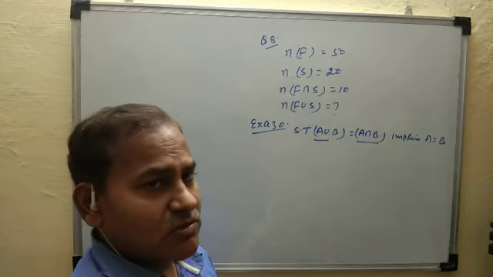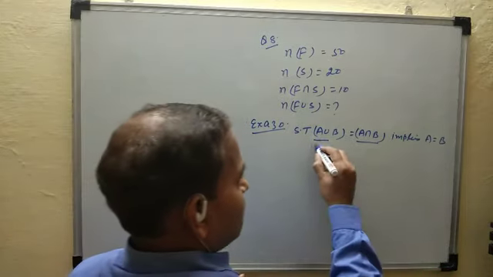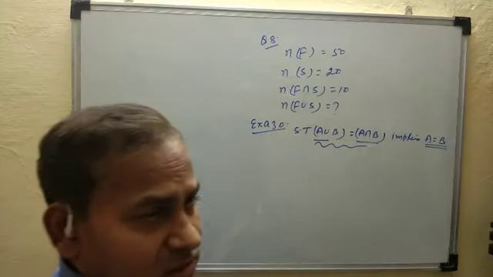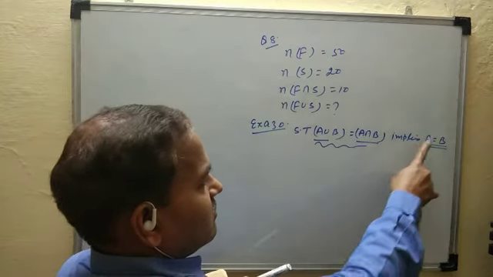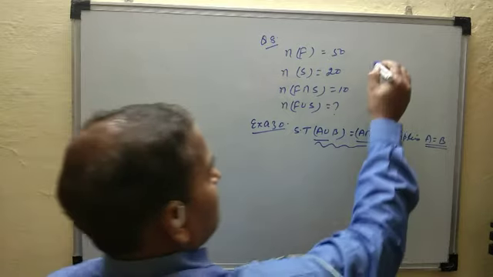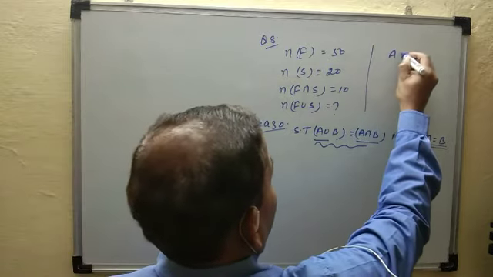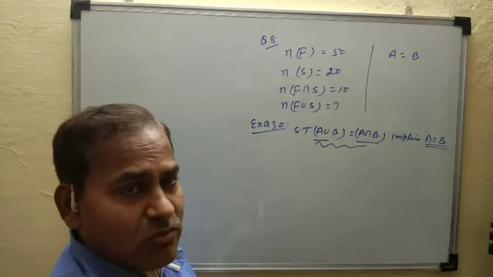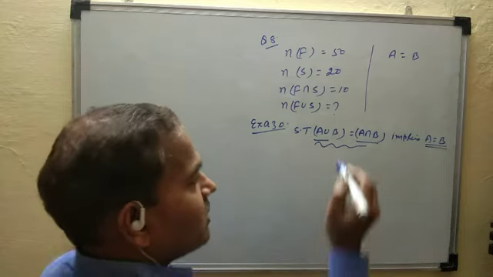क्वेश्चन समझ रहे हो? It is given to show that A is equal to B. For A is equal to B, आपको प्रूफ करना है A is equal to B. A is equal to B प्रूफ करने के लिए क्या शो करना होगा?